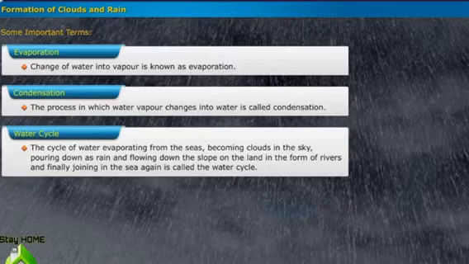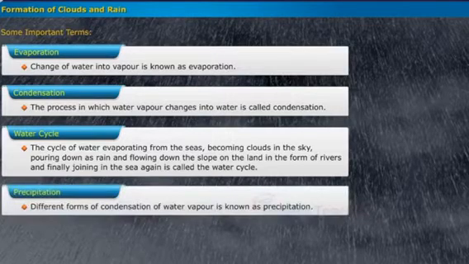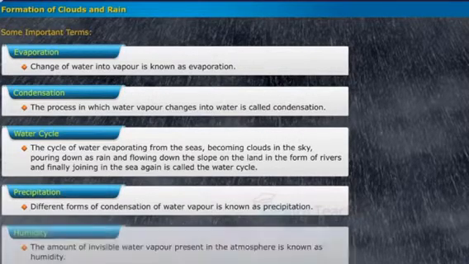The cycle of water evaporating from the seas, becoming clouds in the sky, pouring down as rain, and flowing down this slope on the land in the form of rivers, and finally joining in the sea again is called the water cycle. Precipitation. Different forms of condensation of water vapor is known as precipitation. Humidity. The amount of invisible water vapor present in the atmosphere is known as humidity.